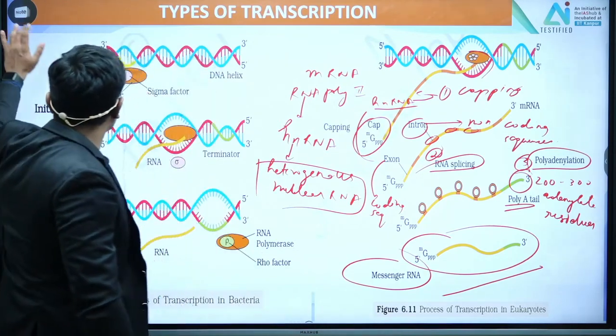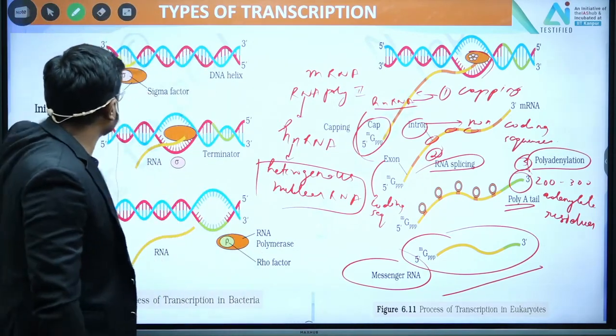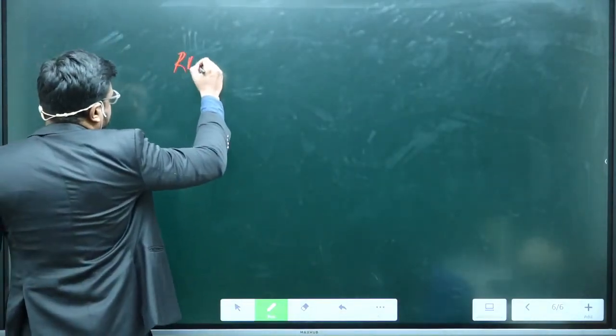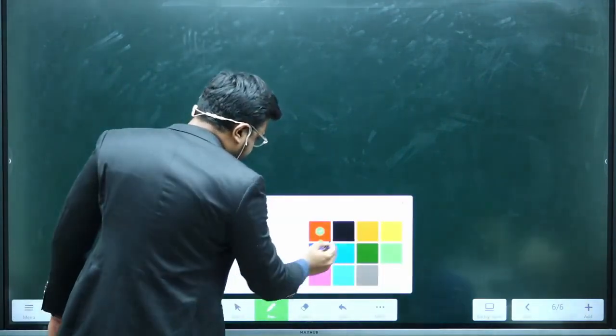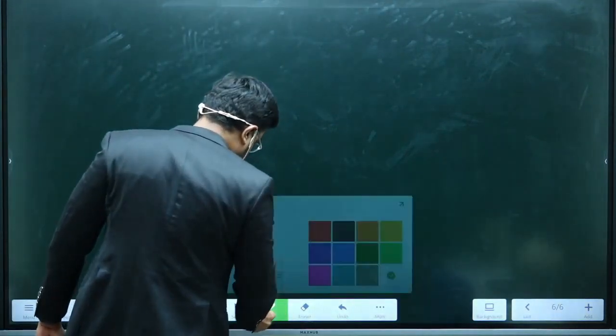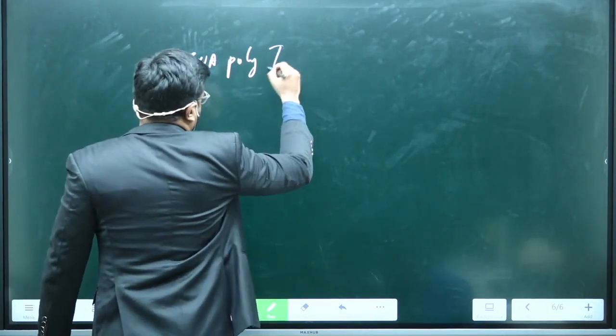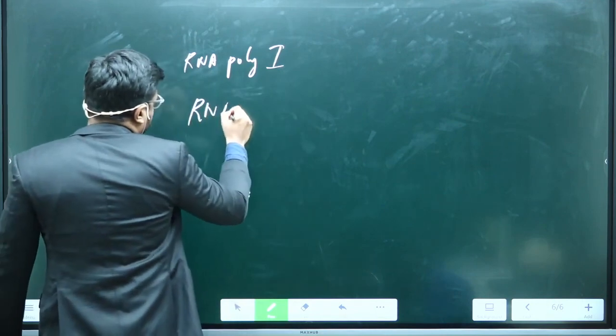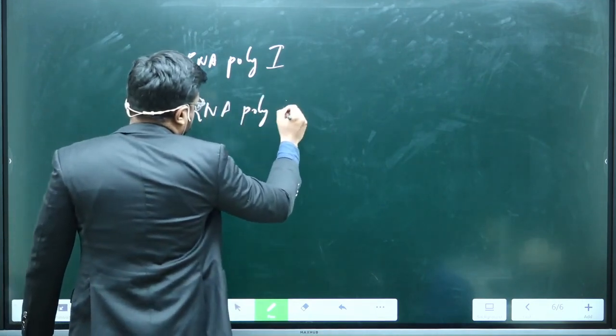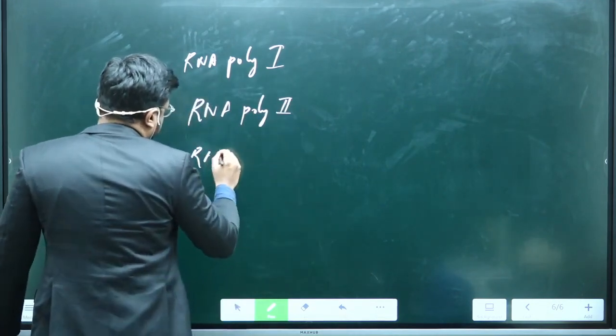An important point also to be discussed is that we have 3 types of polymerase: RNA polymerase 1, RNA polymerase 2, and RNA polymerase 3.